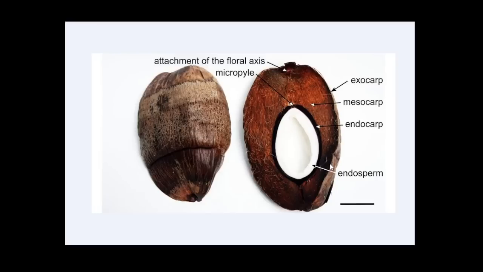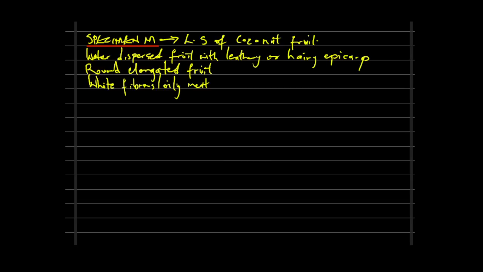That is the part that we refer to as the endosperm or the endocap. So we have that, and it contains 51.7% kernel, 9.8% water, as well as 38.5% shell.